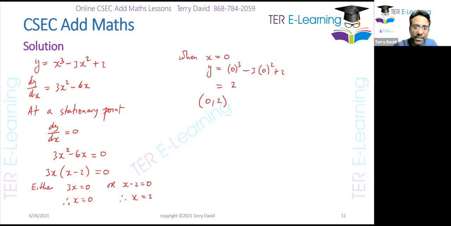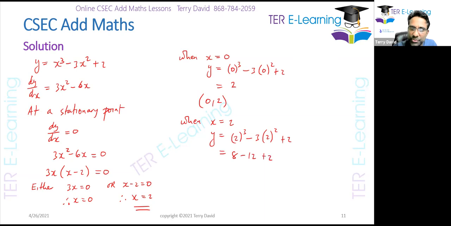Next, we need to use x equal to 2 to find the other stationary point. When x is equal to 2, y is equal to 2 cubed minus 3 multiplied by 2 squared plus 2. 2 cubed gives me 8. 2 twos are 4, 3 fours are 12, so this is minus 12 plus 2. 8 minus 12 is minus 4, and minus 4 plus 2 gives me minus 2.